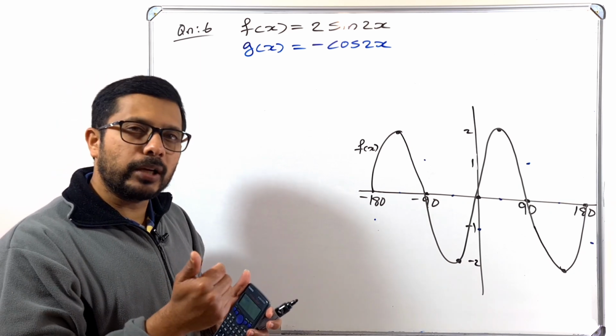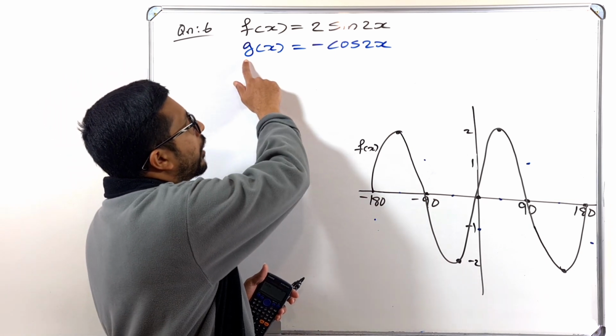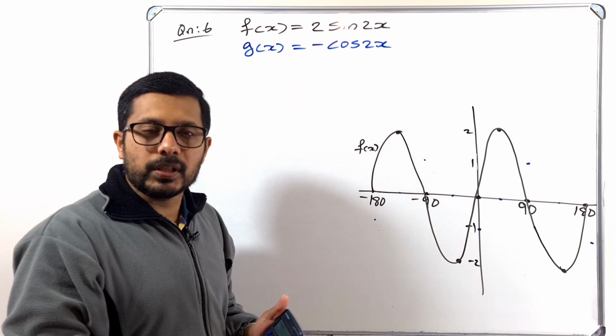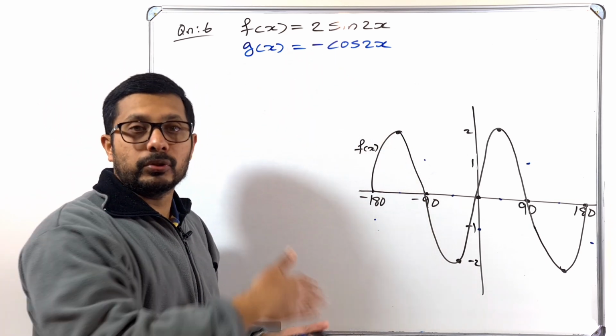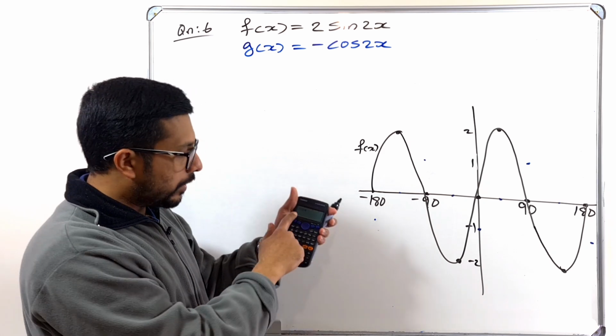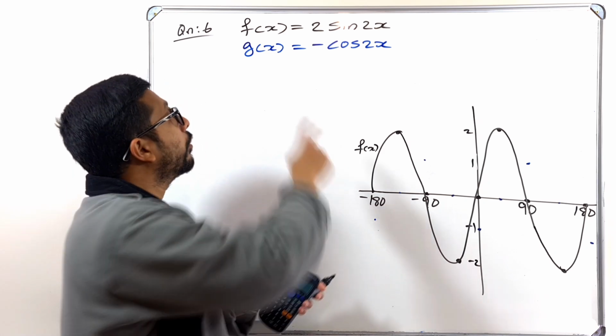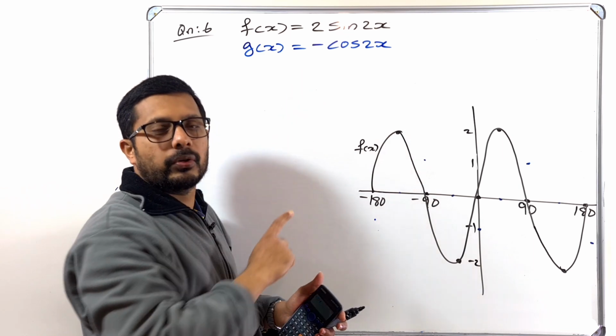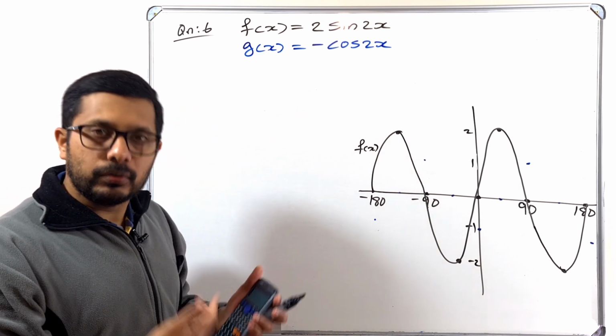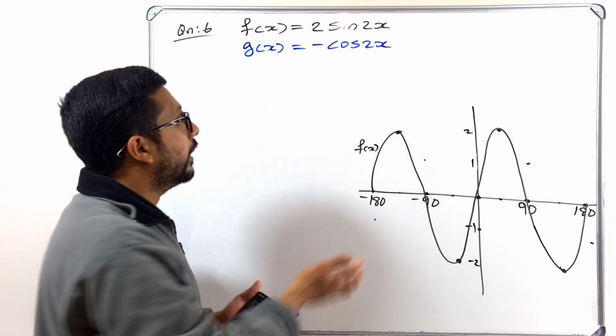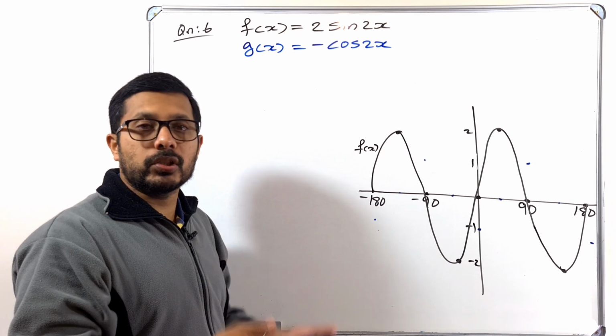So here I'm going to type this g of x as f of x, because we know that we are going to draw g of x. Here it is written f of x, so you type whichever equation you want to draw. Then the name, f of x, g of x or h of x, doesn't matter.